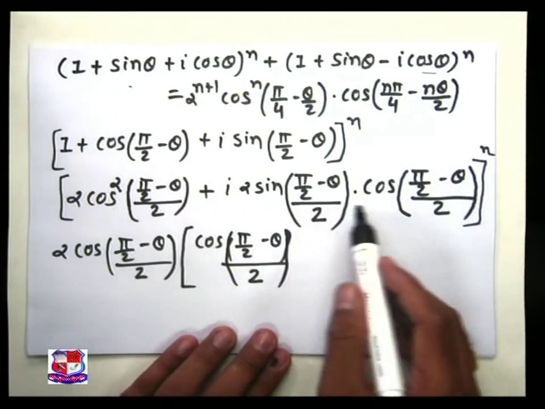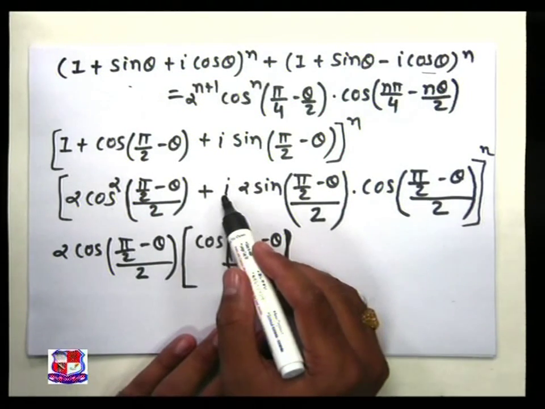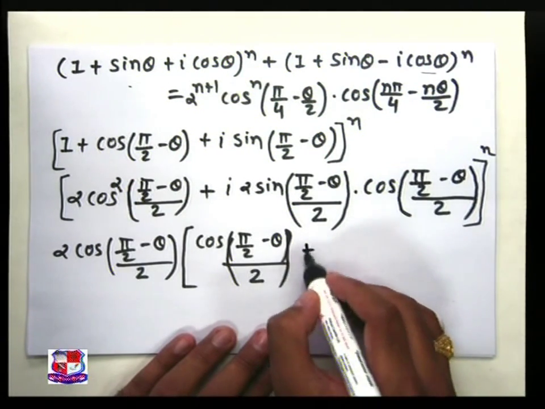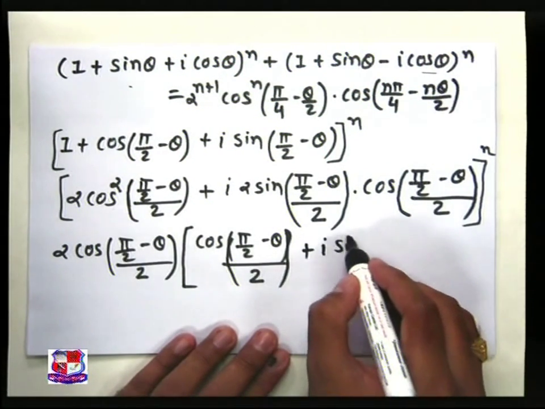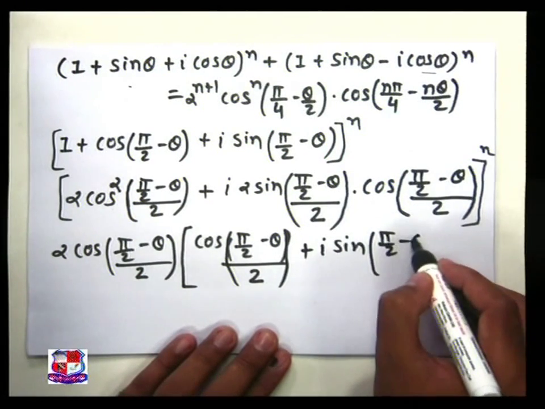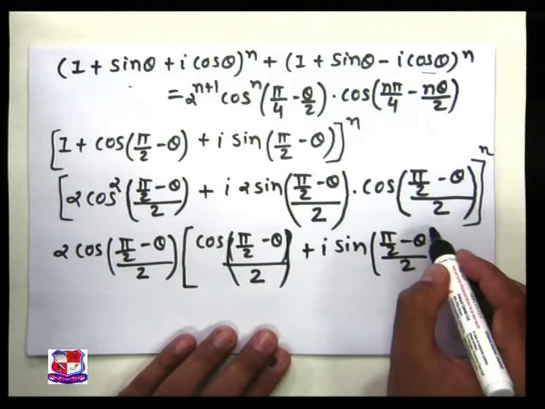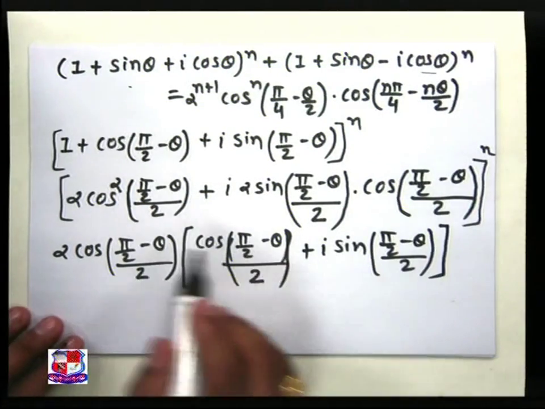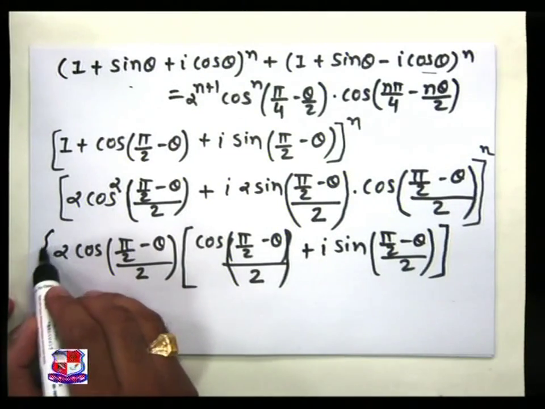Now in the second set, remaining term, that is only i sin theta by 2, that is plus i sin of pi by 2 minus theta by 2. And in the same way raised to n, that is in both cases as it is.